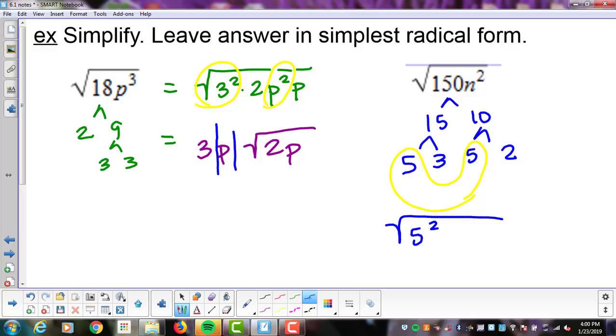And then the 3 and the 2 don't have partners, so I'm going to multiply those back together. And then n squared. And n squared is a perfect square. So now I can take the square root of that, and I get 5n. But I can't take the square root of 6, so it stays there. Do I need absolute value? Yes, because the index is even, the exponent is odd.